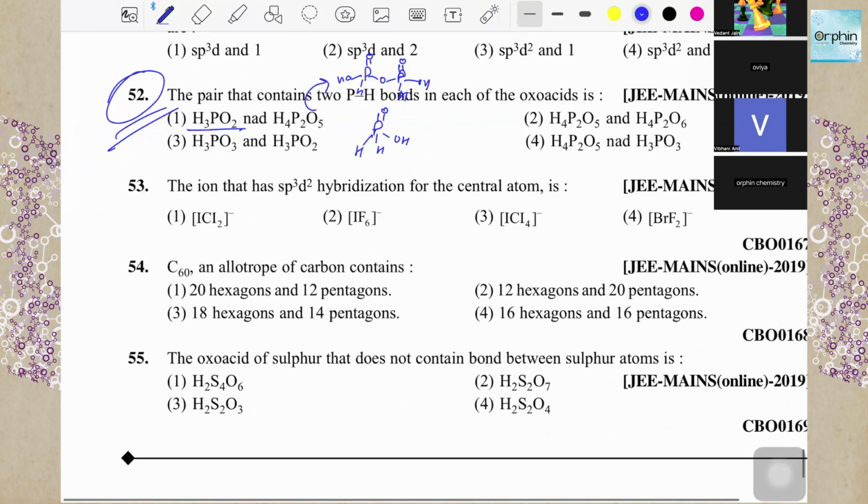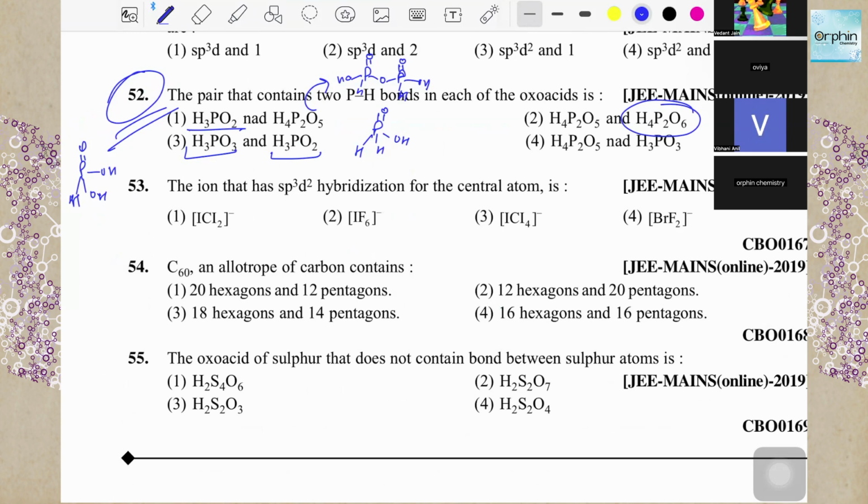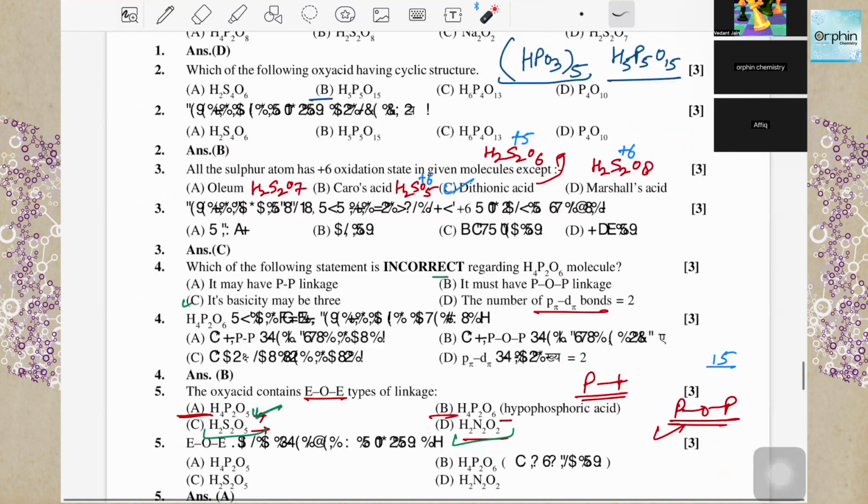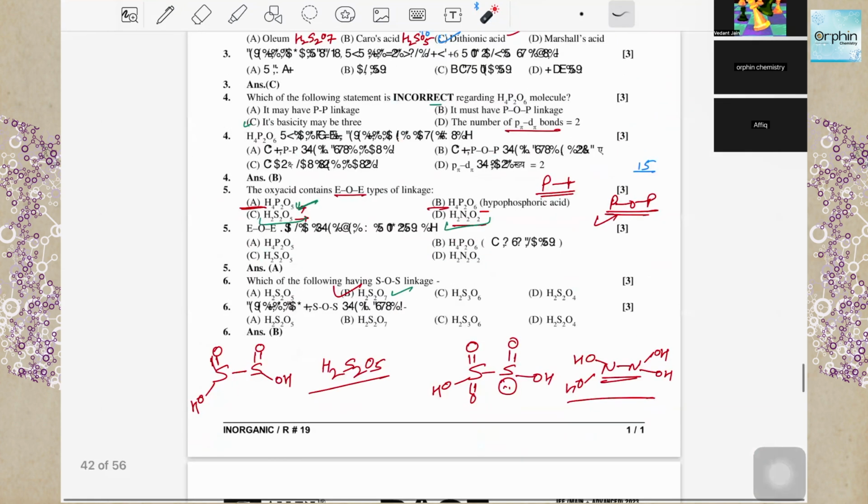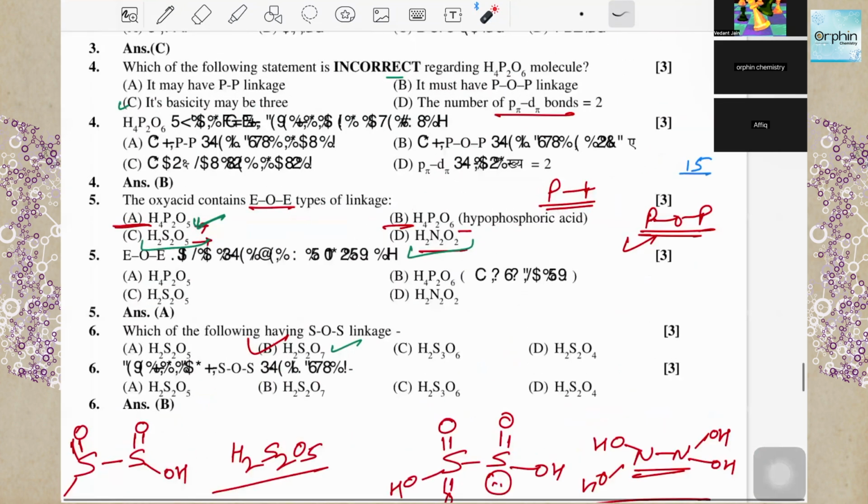In this case, there were two structures existing. It was tribasic and tetrabasic, if you remember. It is there in the notes. H3PO3 is wrong because it is just like this: POH, OH, and H. There is only one PH bond, right? Same for here. So the answer is 1. Correct. Very good. Okay, sir. Okay.